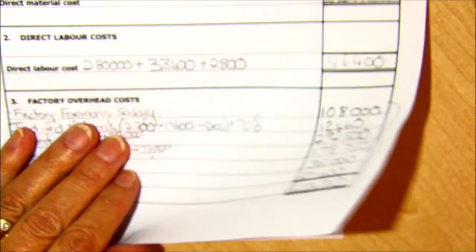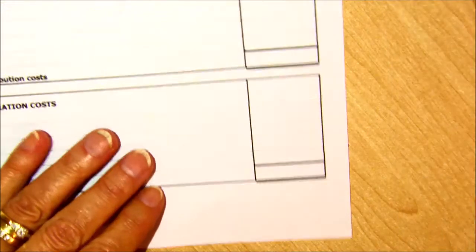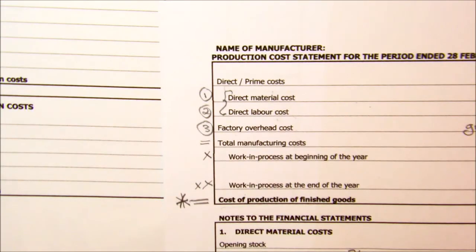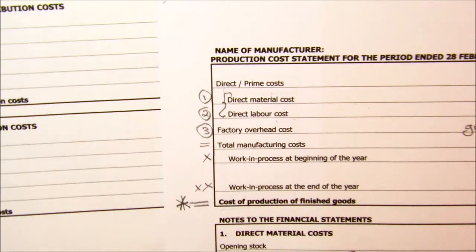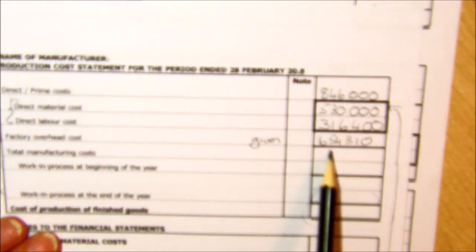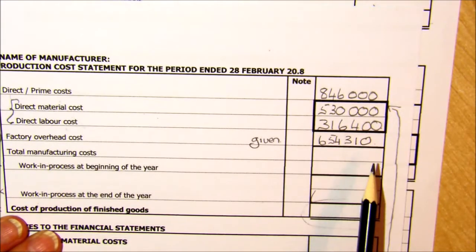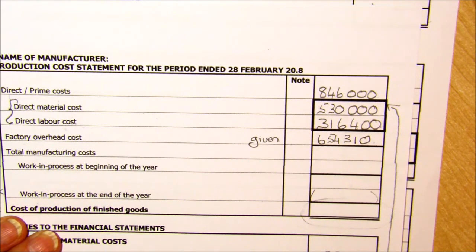Now of course we're not going to transfer this back into our production cost statement, because at this stage our production cost statement already showed the 654,310. But what we can do at this stage is get our total manufacturing costs.